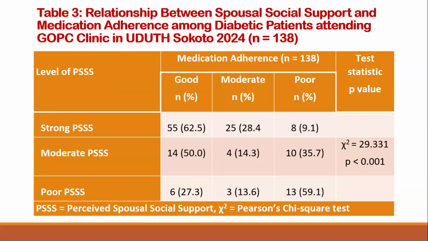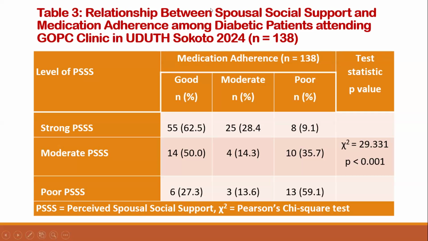Another example of a table, this table is comparing 3 groups or 3 categories. You see, it's a chi-square table, comparing level of PSSS and medication adherence.